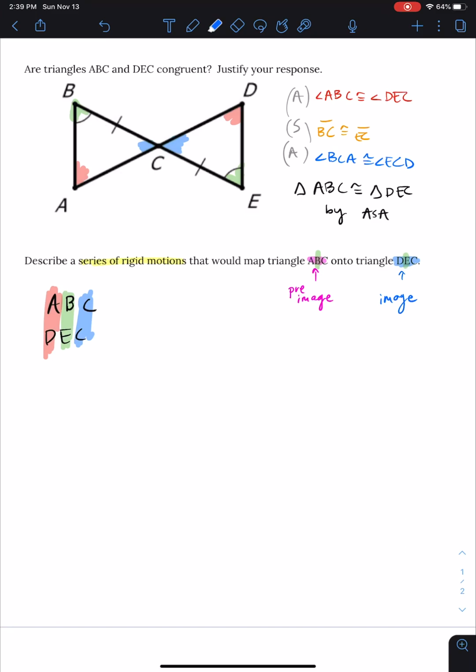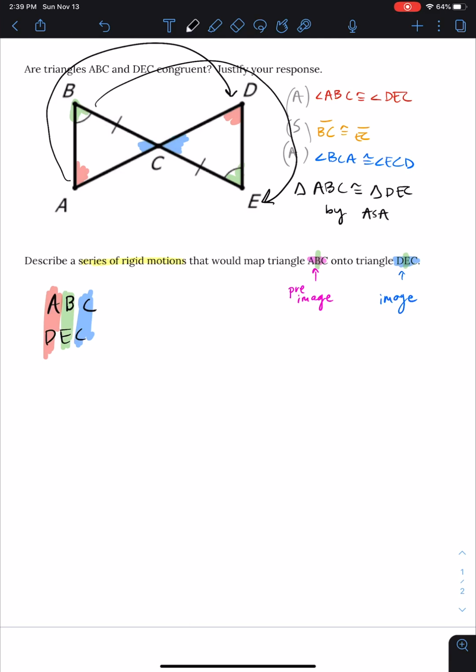We want those pieces that we have highlighted to land onto each other. In order to do this, we can use a series of rigid motions. The way we can think about it is rotating the shape where A rotates to D and B rotates to E.